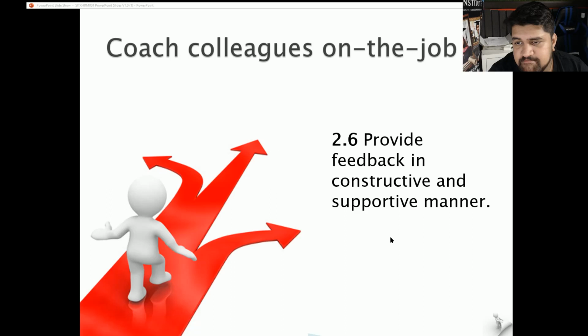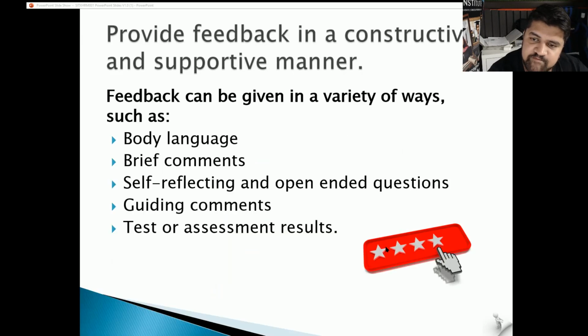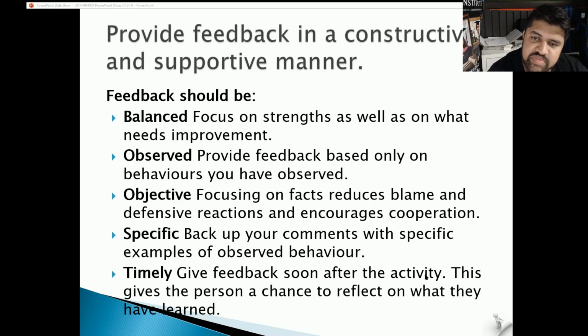Okay. 2.6. Provide feedback in constructive and supportive manner. So feedback can be given in a variety of ways, such as body language, brief comments, self-reflecting and open-ended questions, guiding comments, tests and assessment results. Feedback should be balanced, so focus on strengths as well as what needs improvement.